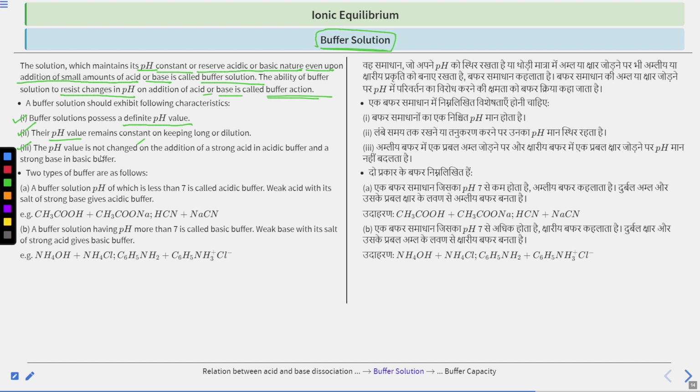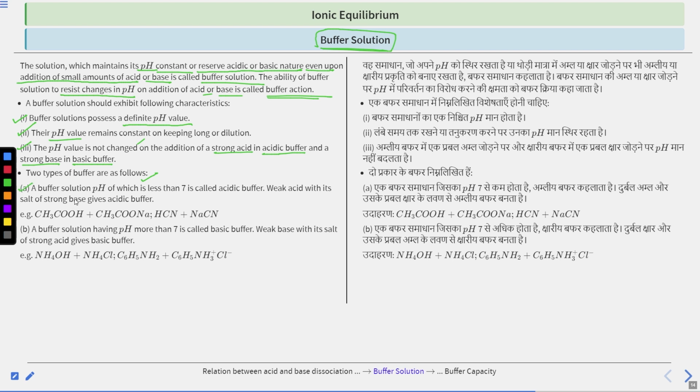Third, the pH value is not changed on the addition of strong acid in an acidic buffer and strong base in a basic buffer. Buffers are of two types, acidic and basic.